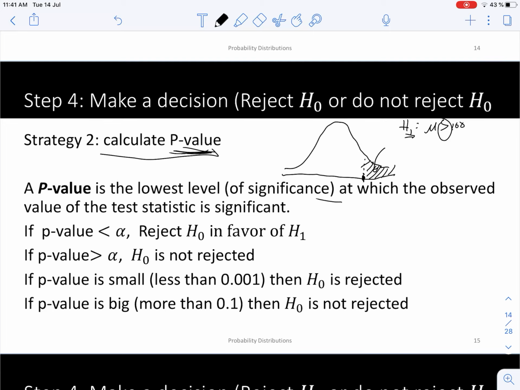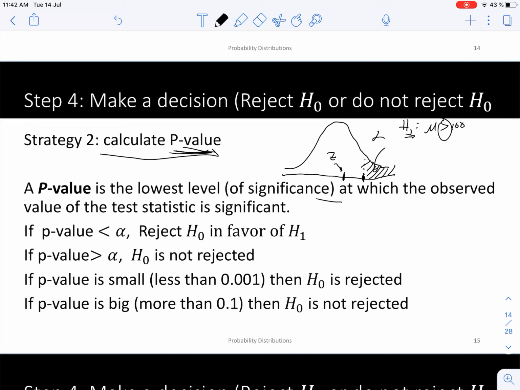The rejection area is alpha, the significance level, so it's going to be like 0.05, 0.1, or 0.01, depending on the problem. If our test statistic, our z or t depending on the situation, is located here in this region, we are not in the rejection area, so we are not going to reject the hypothesis.